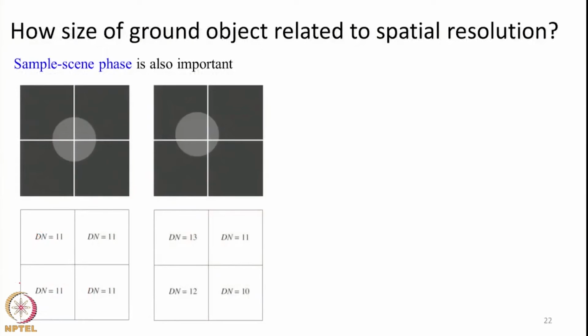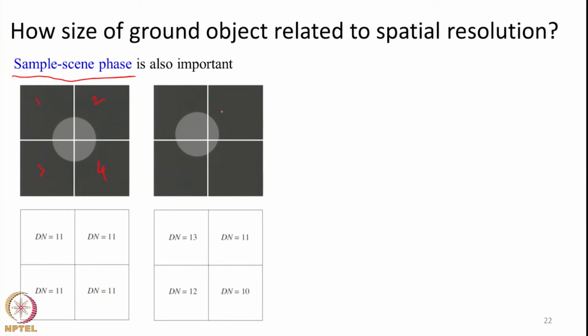In addition to the contrast between the background and object, the sample scene phase is also important. Sample scene phase means how the object of our interest is oriented with respect to different pixels. Say, for example, these are 4 adjacent GIFOV elements. A single feature of our interest is oriented like this, equally distributed among these 4 GIFOV elements.